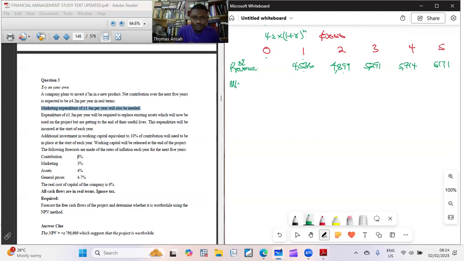We have marketing, and the marketing expense is 1.4, so let's say 1,400, and it is going to grow by 3%. So 1,400 multiplied by 1.03. So here I have 1,442. Go again: 1,485.